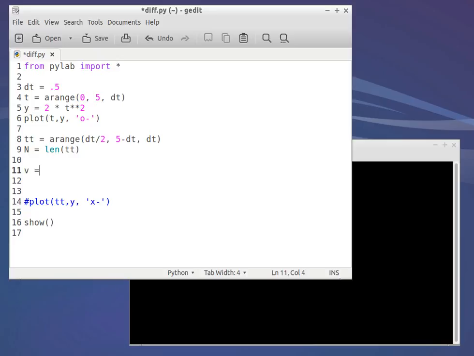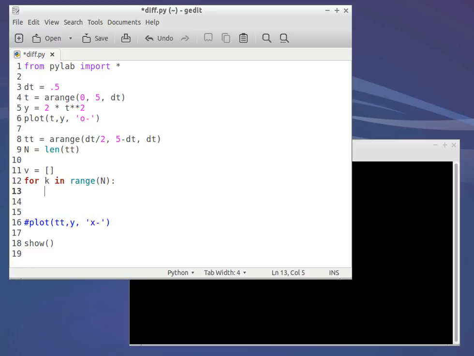Is equal to, say, keep an empty array there, and then inside a for loop, n times we are going to calculate that, and each what will be the result?